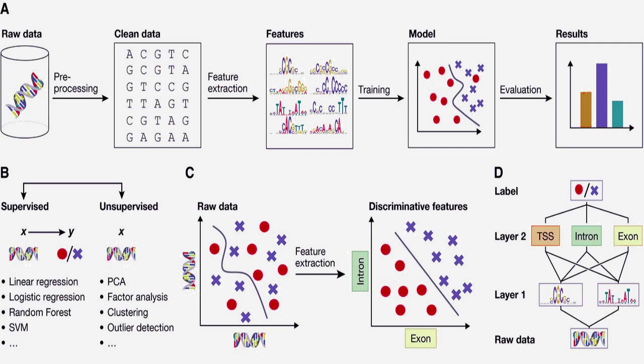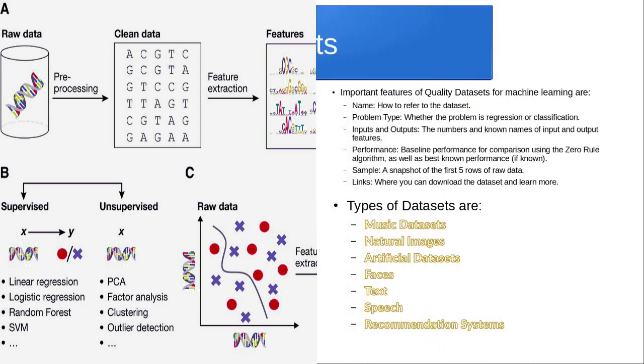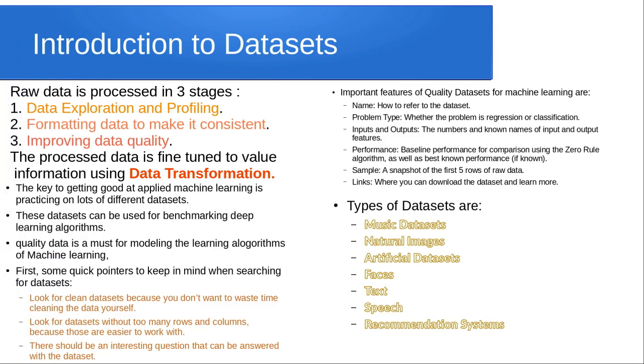Point number 4. Performance, baseline performance for comparison using the zero rule algorithm as well as best known performance if known. 5. Sample, a snapshot of the first 5 rows of the data. 6. Links, where you can download the dataset and learn more.